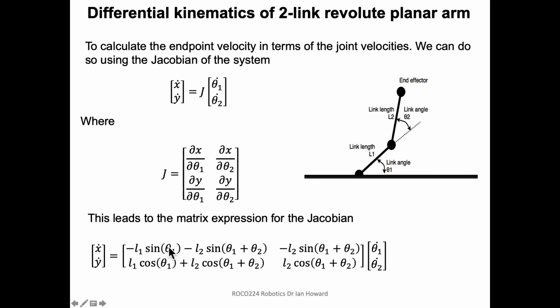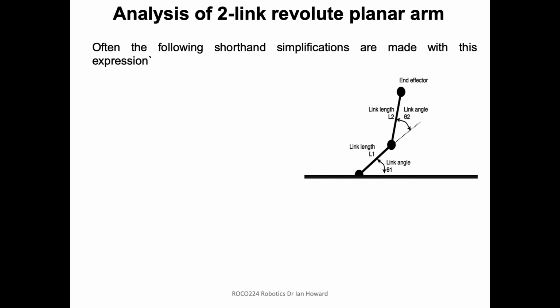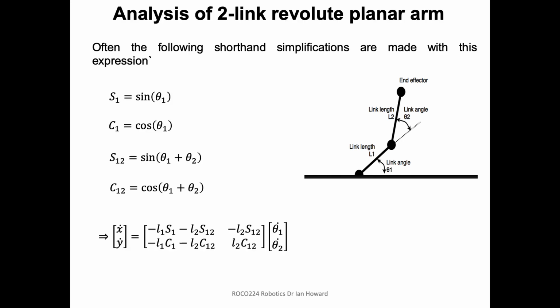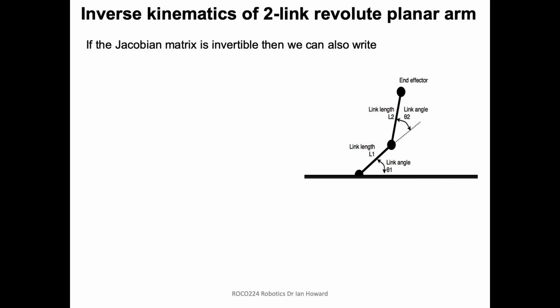What we see now is x dot and y dot equal the Jacobian matrix multiplied by theta 1 dot and theta 2 dot. So this is a way of relating angular speed at the joints to endpoint speed. And again, this is often going to be simplified using S1 for sine theta 1, C1 for cos theta 1, S12 for sine theta 1 plus theta 2, C12 cos theta 1 plus theta 2.